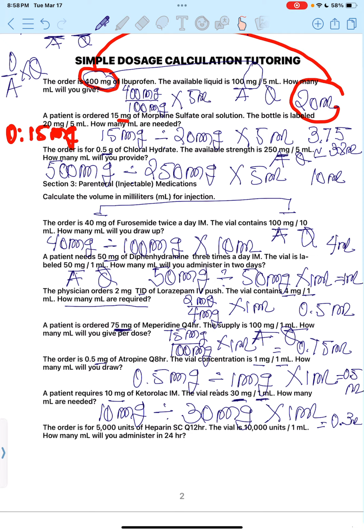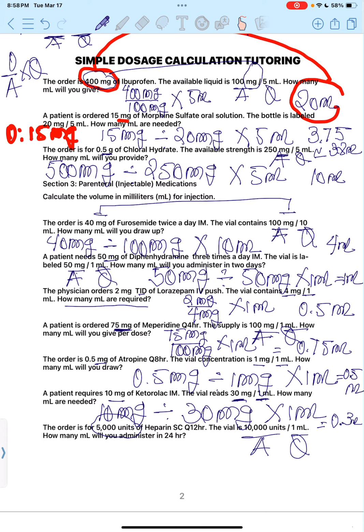I said your available always goes together with your quantity. So what is this? This is not your quantity. I told you that your quantity is always going to be milliliter. Your quantity is your volume.